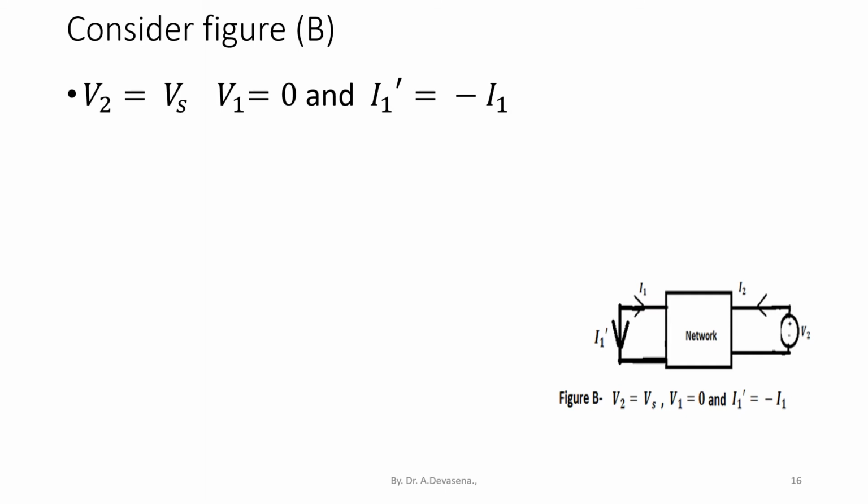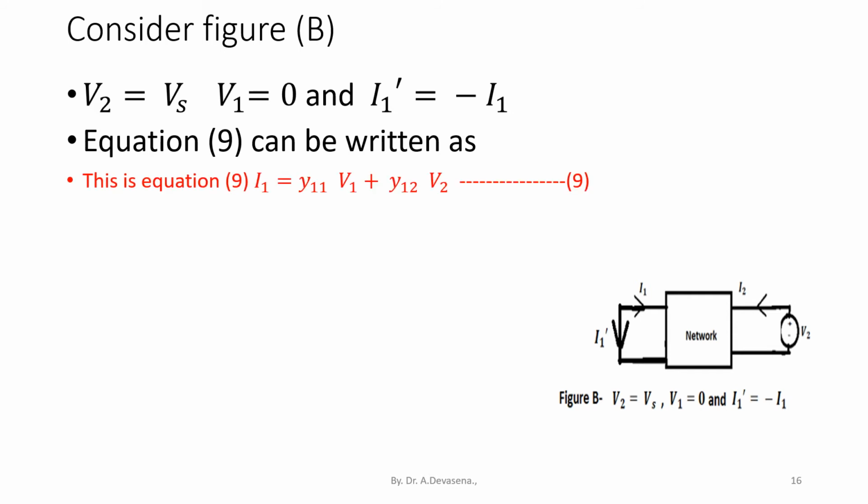are in opposite directions. So equation 9, that is I1 is equal to y11 v1 plus y12 v2, can be written as follows. Here we have substituted the values v2 is equal to vs, v1 is equal to 0 and I1 dash is equal to minus I1 in equation 9.